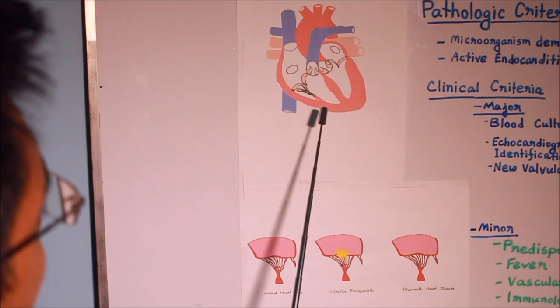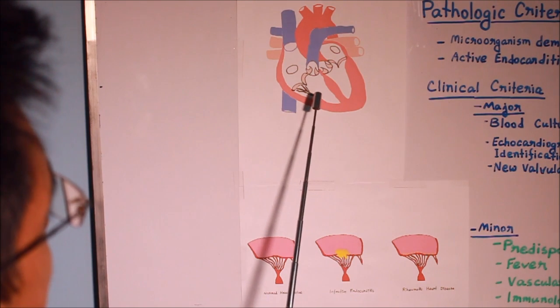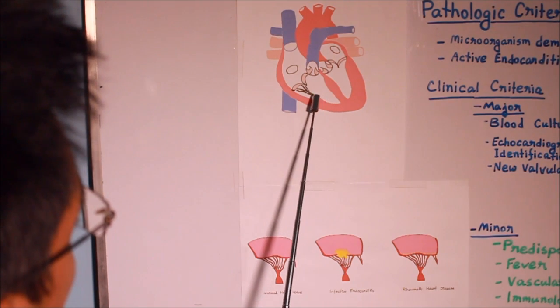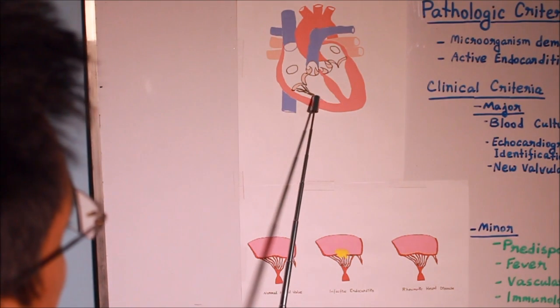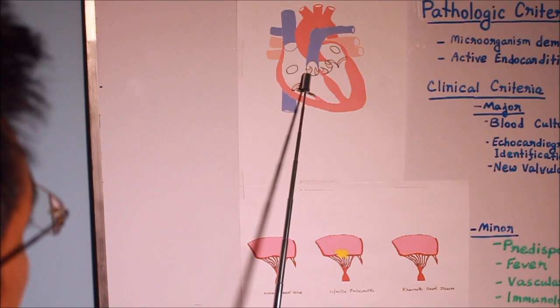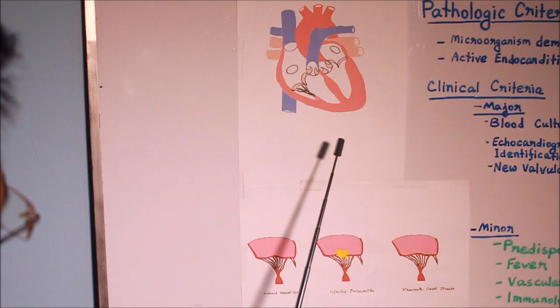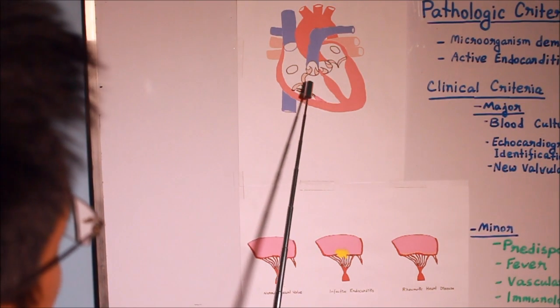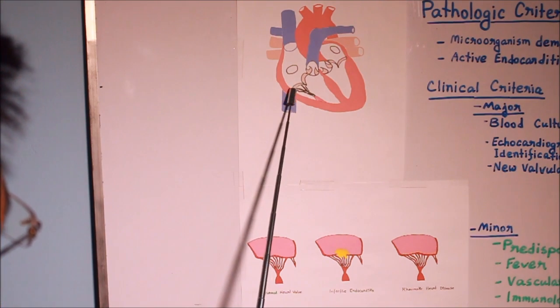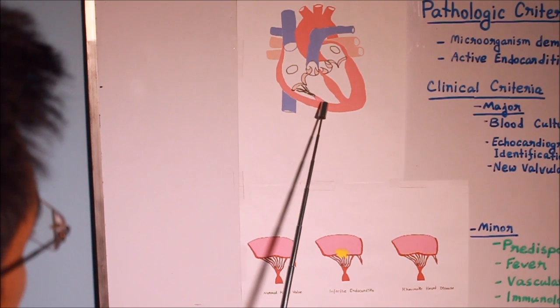Obviously there are more than one papillary muscles inside the heart, but to keep this image simple I am showing only one. So suppose this is a papillary muscle, and these are the leaflets of the heart valve, and notice these cord-like tendons that are connecting the valve leaflet with the papillary muscle.